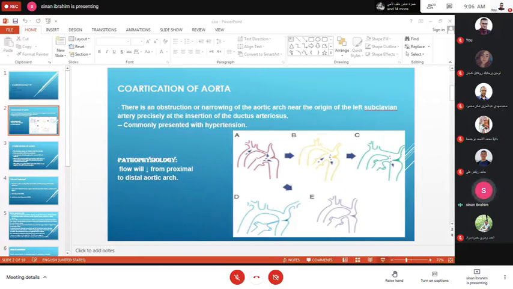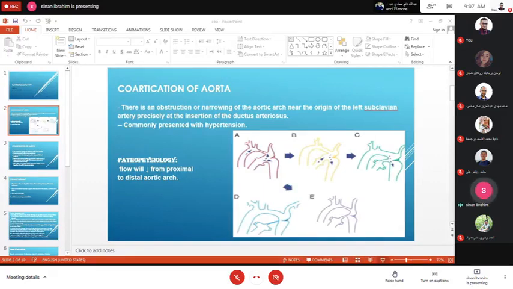In type B we see a flow from the PDA to the arch in the fetal period, while in the neonatal period it will start to constrict and close, and then in D and E we'll see the closure of the PDA, and the constricted site will be obvious near the origin of the ductus arteriosus.